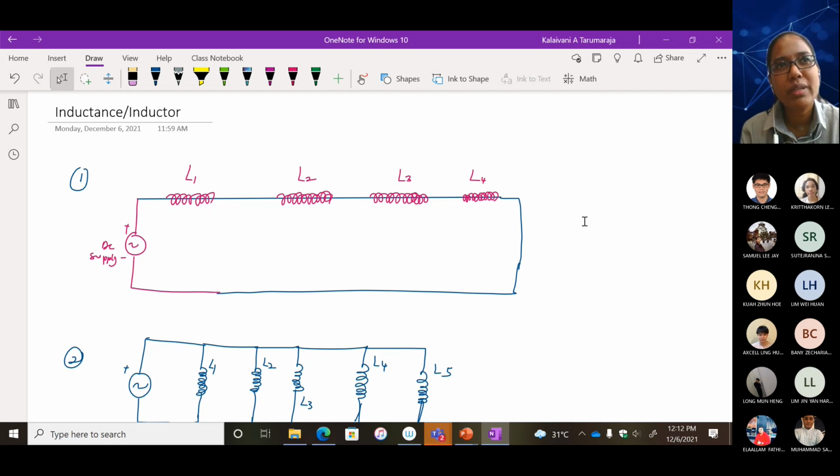It's related to your magnetic field. Anyone? Inductance, we can also define it as energy stored in a magnetic field. Okay, all right. So those give me the answers.